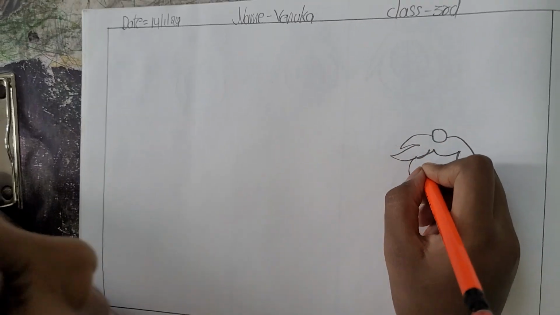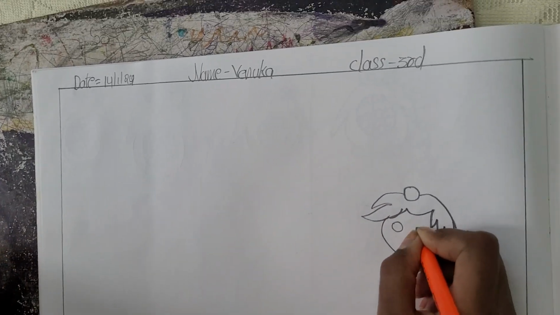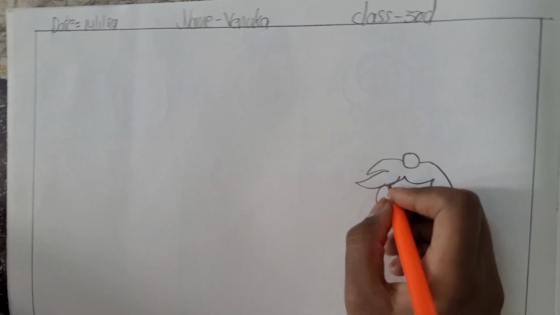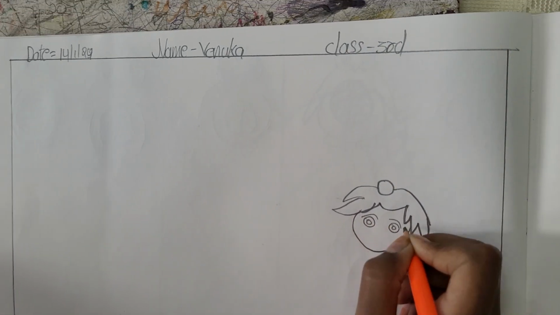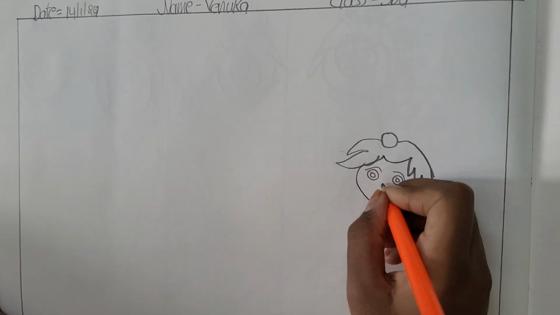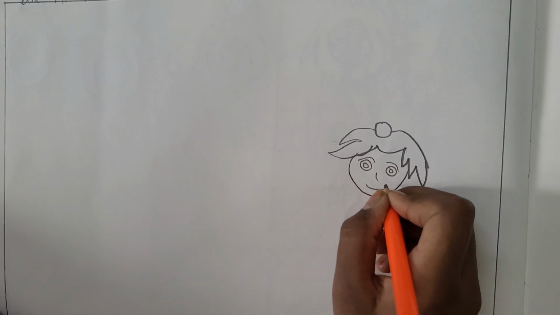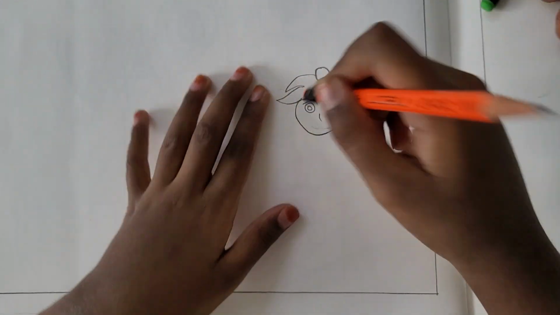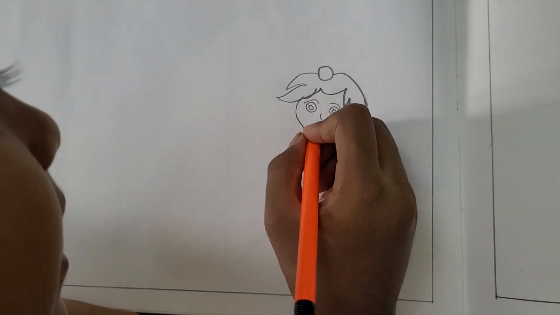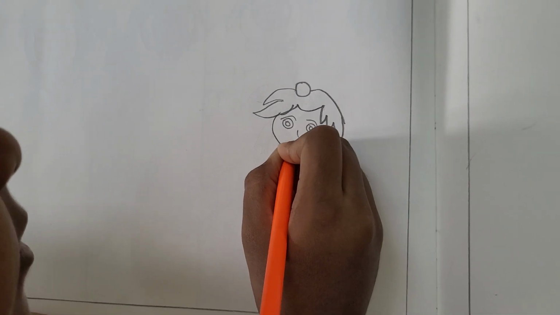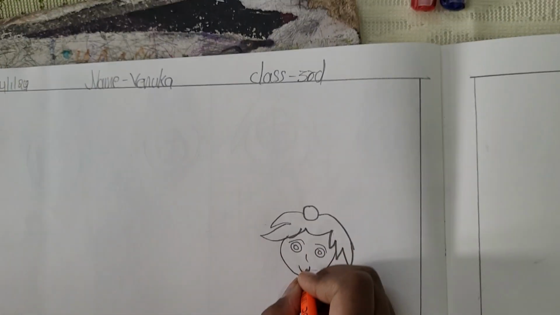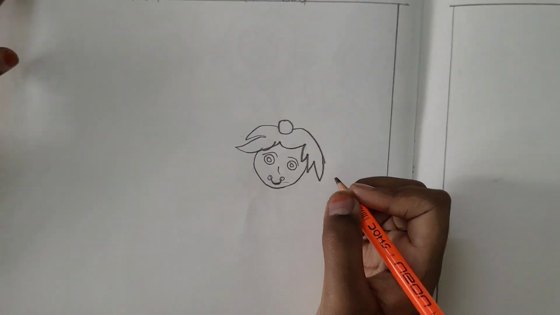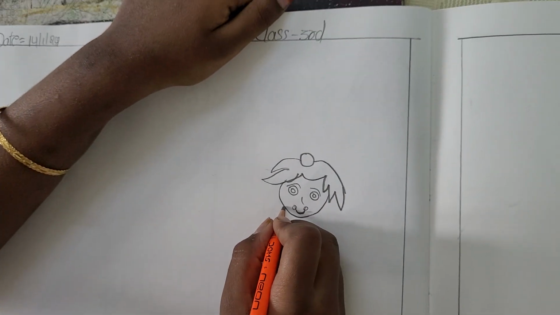Now okay, now like this one. First we will draw U shape and two circles like this. The mouth is open now.